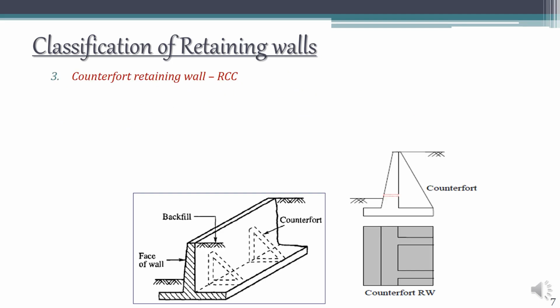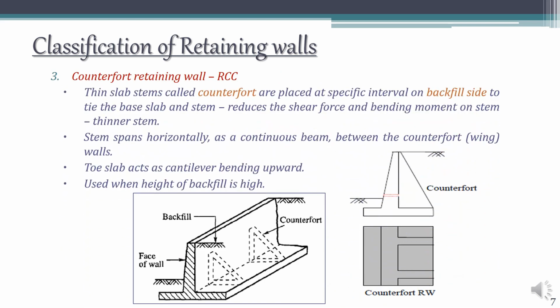The third type of retaining walls is counterfort retaining walls, which is very similar to cantilever retaining walls, but in addition counterforts are provided. Counterforts are triangular slabs which connect the stem with the heel. They act as an additional support. It can be seen that the stem is now spanning horizontally as a continuous beam with counterforts as supports.